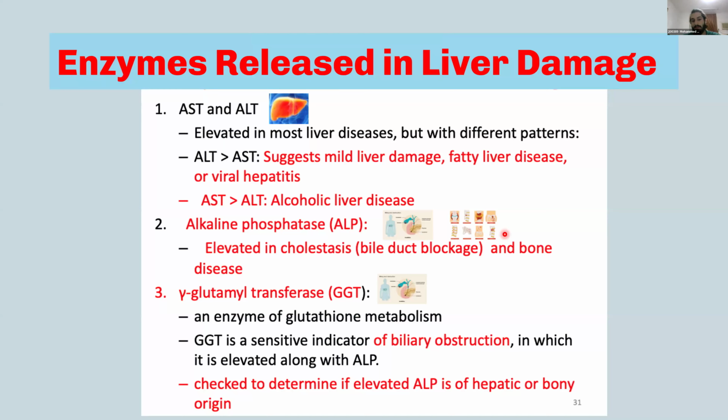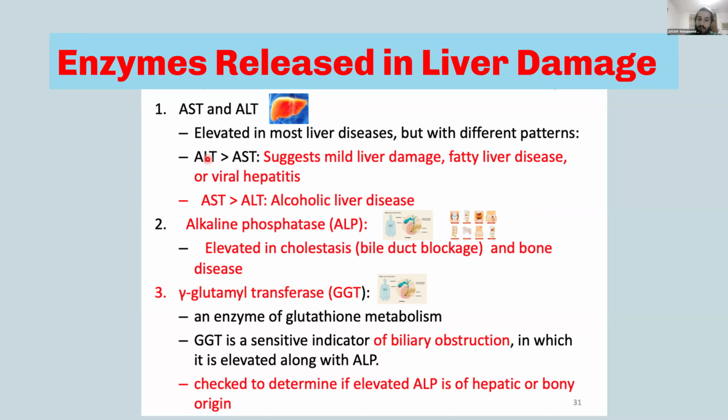Now, this red is an important thing you have to memorize. Sometimes the proportion is different between ALT and AST. So if ALT is increased like 30 times and AST is increased like 10 times over normal, there is a difference between the increase ratios, right?